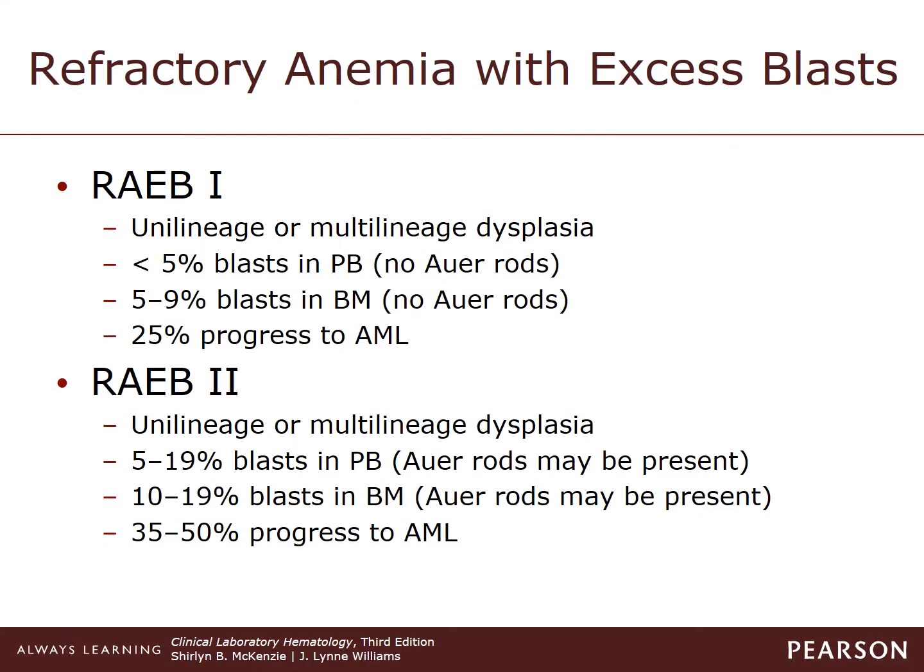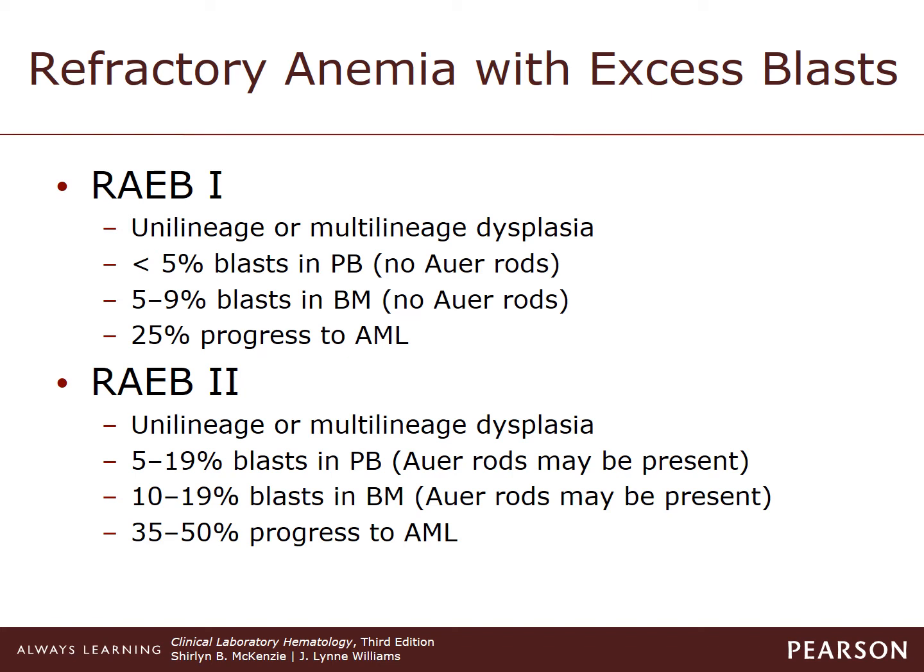The next classification is refractory anemia with excess blasts. This presents with a tri-lineage cytopenia as well as significant dysmyelopoiesis, dysmegakaryopoiesis, or both. According to the WHO classification, the peripheral blood must contain only 2 to 19% blasts.